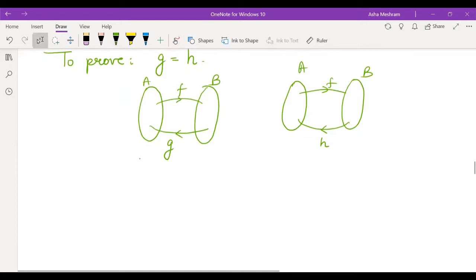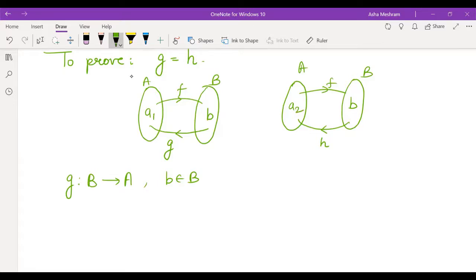Now since g is mapping from B to A, let small b belong to B, then for the mapping g we get here some a1, and again this b belongs to B, and for this h we get here some different element a2.